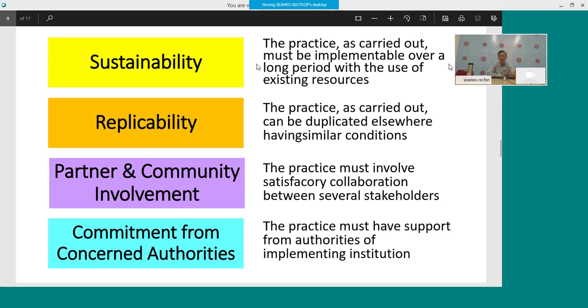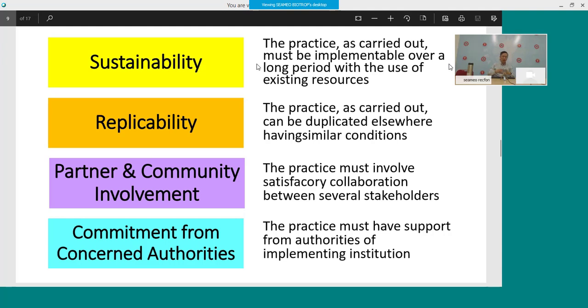And lastly, the eighth criteria is about commitment from the schools. If the school has a commitment to support the implementation of your urban agriculture activities, then that will be a best practice for other schools to follow. Oh, wow, our principal has really committed to support and give time to the teachers and the students to really practice urban agriculture, and they also give advice, or it becomes a policy that all students should be involved, not only a certain group in the school to take care of the farm.